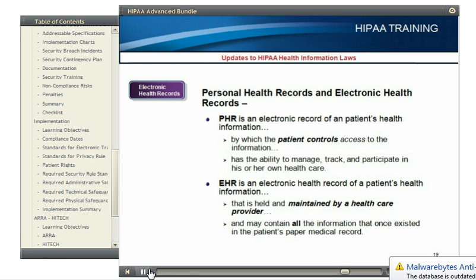A PHR is an electronic record of a patient's health information by which the patient controls access to the information, and has the ability to manage, track, and participate in his or her own health care. An EHR is an electronic health record of a patient's health information that is held and maintained by a healthcare provider and may contain all the information that once existed in the patient's paper medical record.